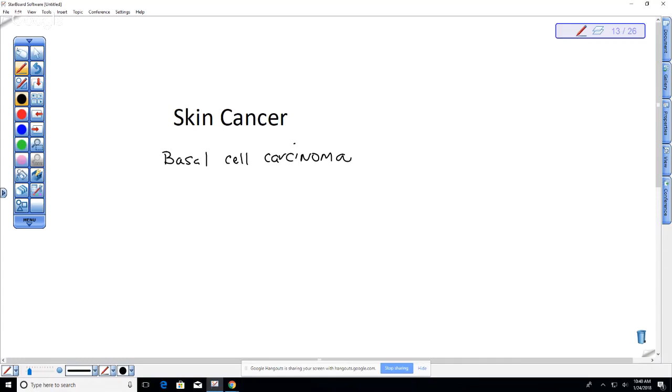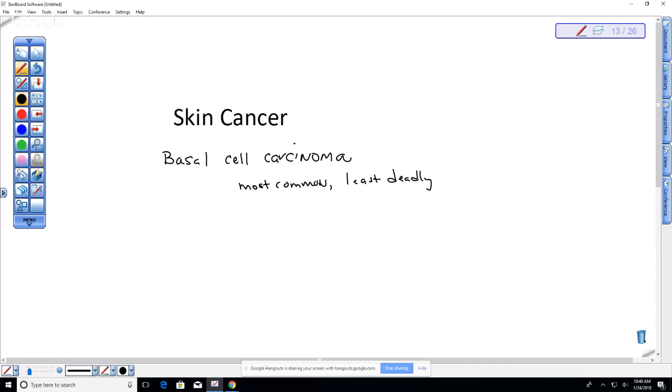So they're basal cell carcinomas. And these are the most common and least deadly. And deadly in cancer generally means how likely they are to metastasize.